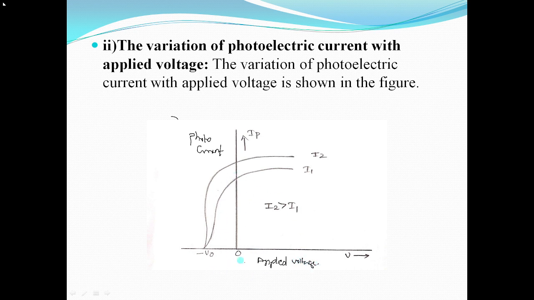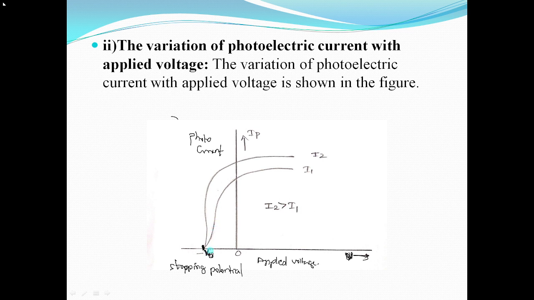From this graph, at a certain applied voltage V0, the current is 0. Here current is 0 at a certain negative potential. I call this the stopping potential. Stopping potential is the potential at which current becomes 0.